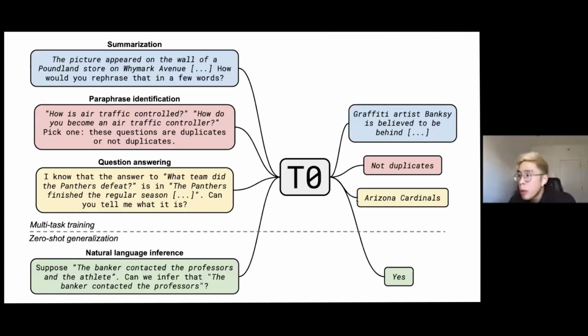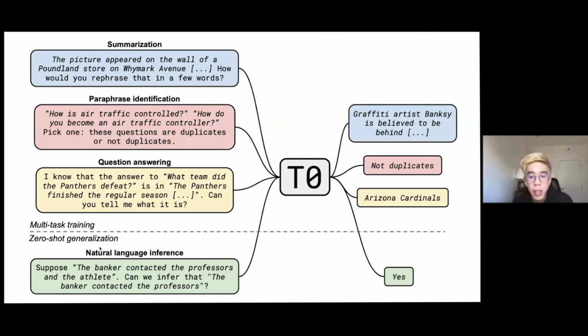We did that and called this model T0, short for T5 for zero-shot. We took a bunch of tasks, like summarization, paraphrase identification, question answering, trained in a massively multitask fashion into this text-to-text format, and tested on new unseen tasks.